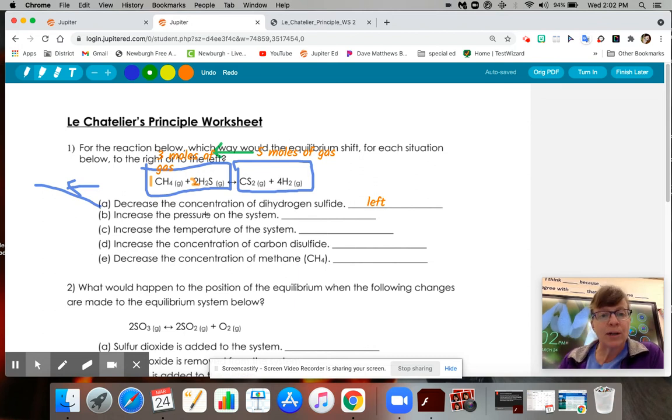So increasing the pressure, you want less moles. That'll lessen that pressure. So it's going to shift left. Okay, let's get rid of some of this. Clean up the area and get ready for our next problem.